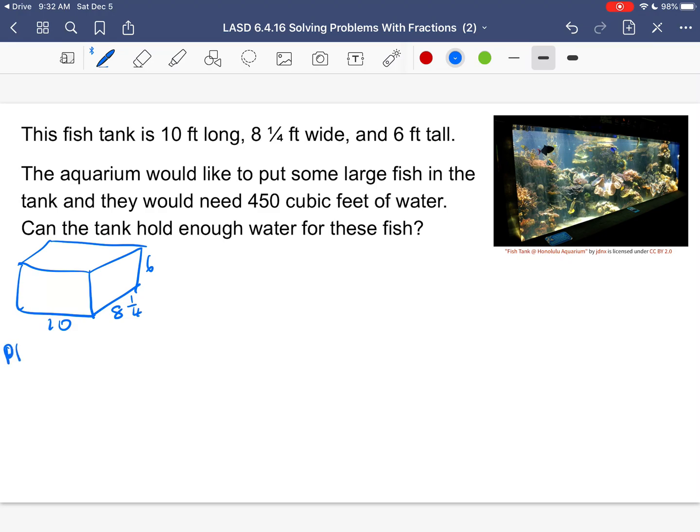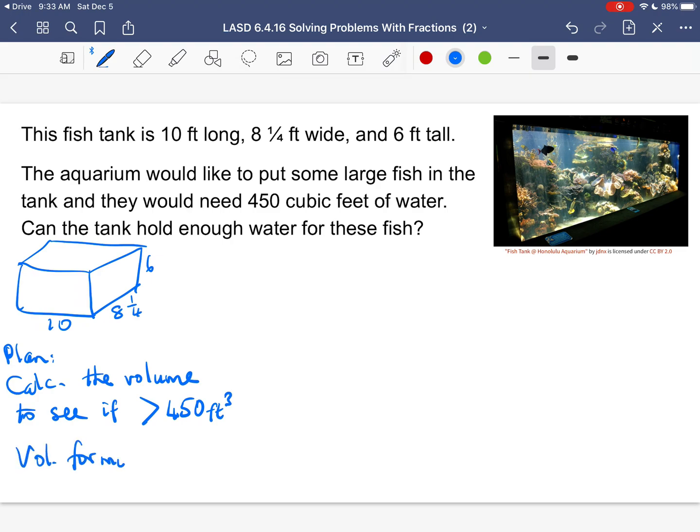My plan is to calculate the volume of the tank to see if it's greater than 450 feet cubed. And to calculate the volume, I'm going to use the volume formula, which I'm going to write up here: volume is equal to length times width times height.